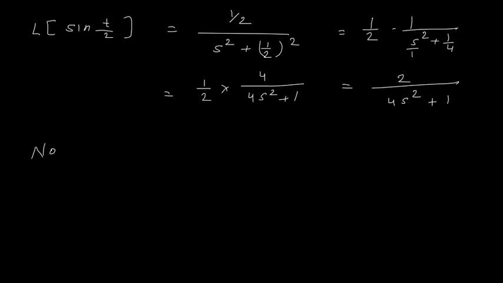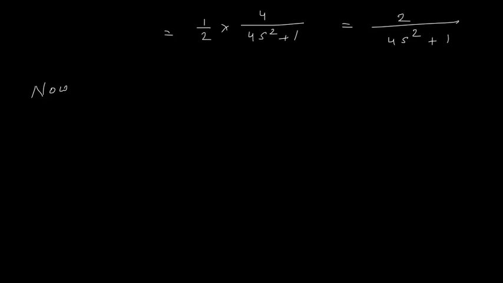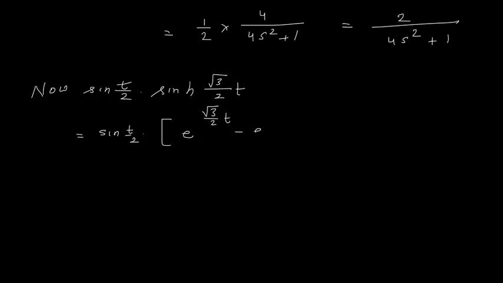Now sinh root 3 by 2 t into sin t by 2, or sin t by 2 into sinh root 3 by 2 t, we can write as sin t by 2 into e power root 3 by 2 t minus e power minus root 3 by 2 t, whole divided by 2.